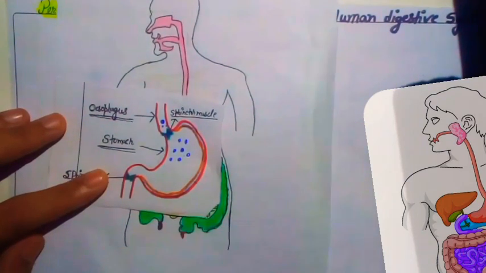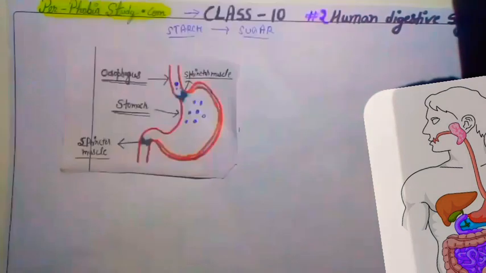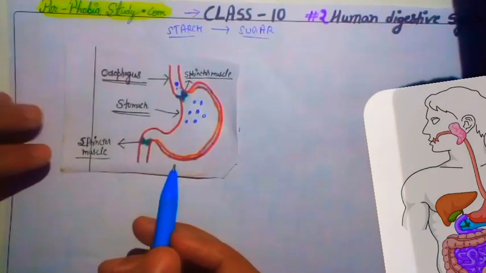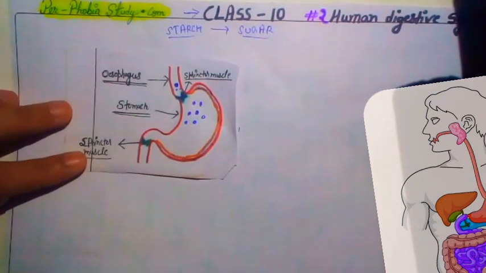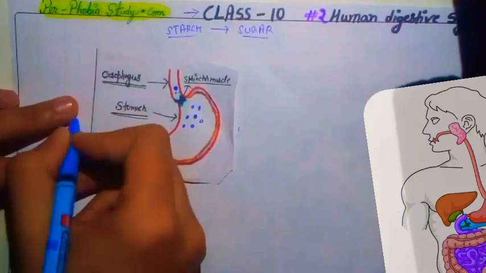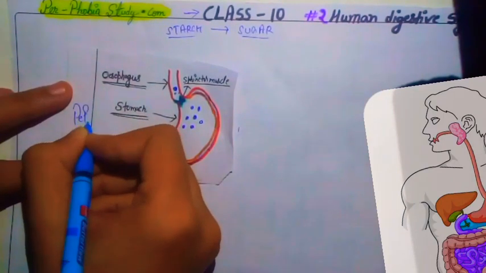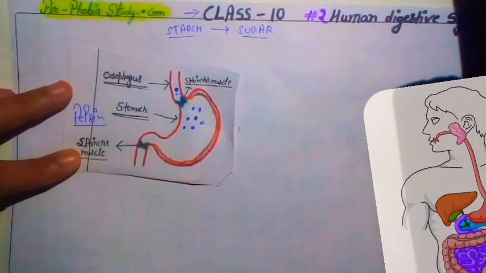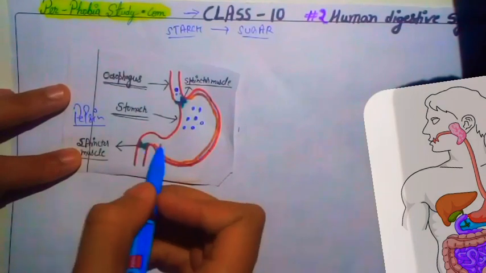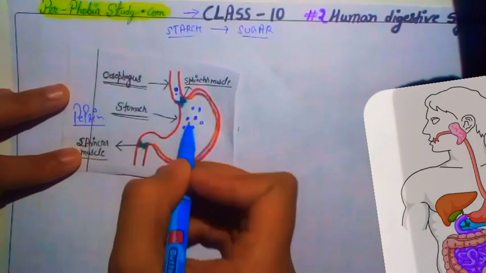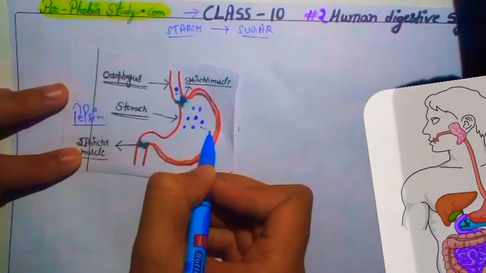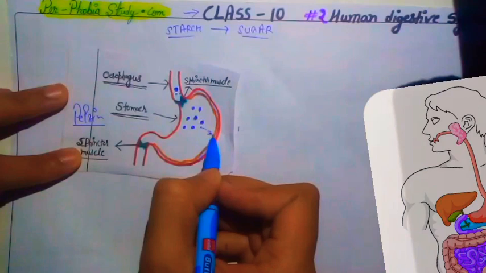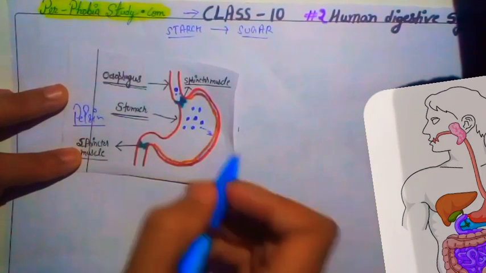The protein digesting enzyme is pepsin. This pepsin digests protein from our food.